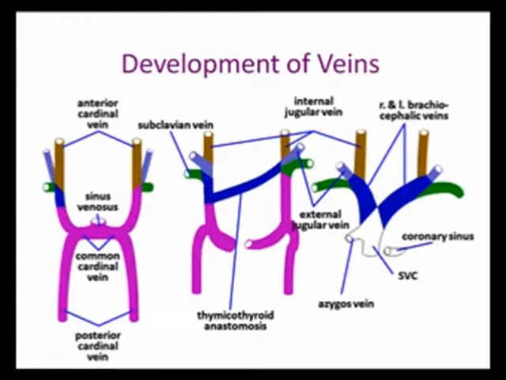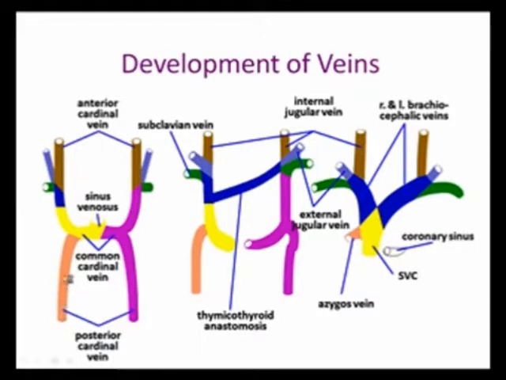What's going to happen then is a degeneration of the anterior cardinal on the left. On the right, the anterior cardinal is going to remain and become the superior vena cava.